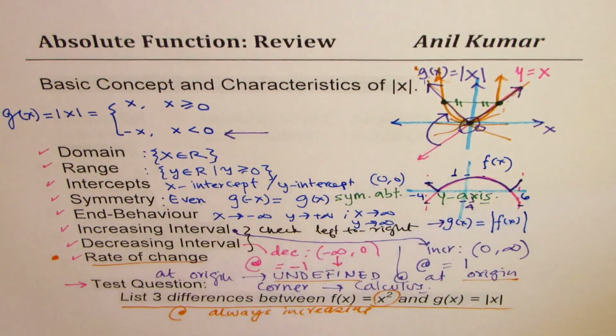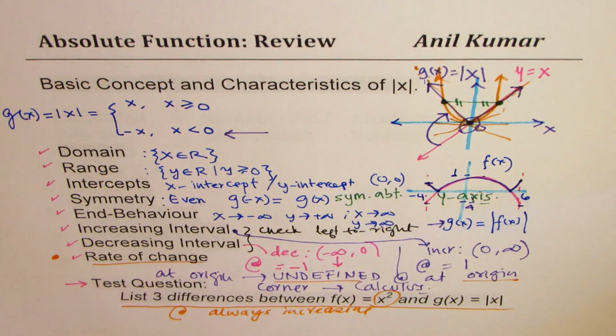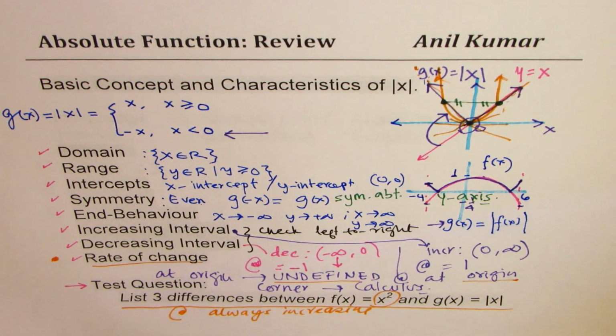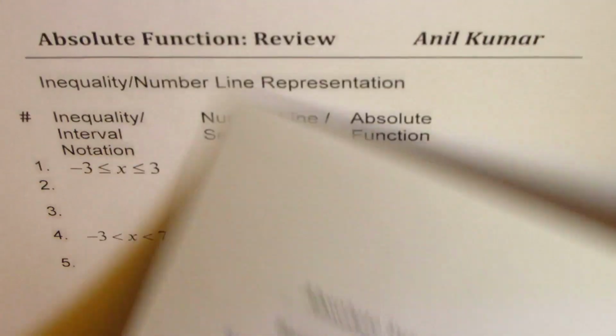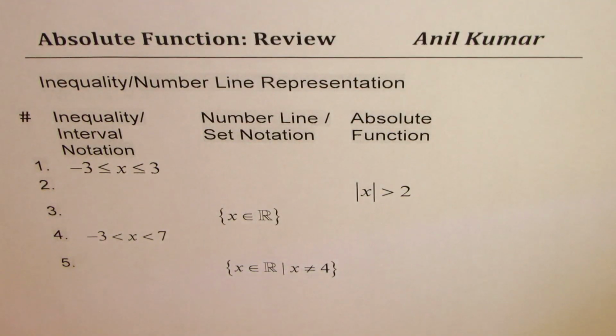You can say there's a corner at the origin, right? That could be another one. And rate of change is not defined at origin. Third one, right? So these three help you to understand differences between the parabola and the absolute function.